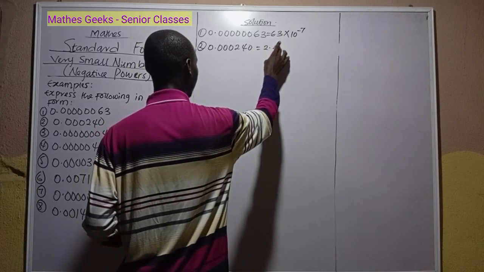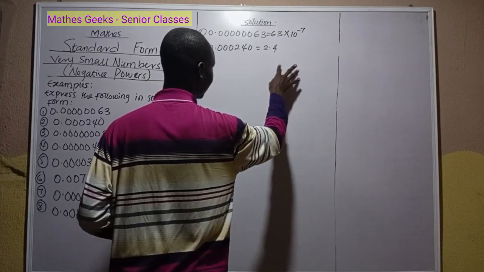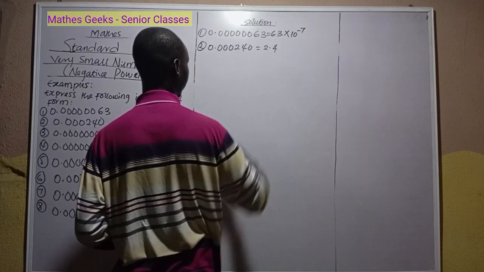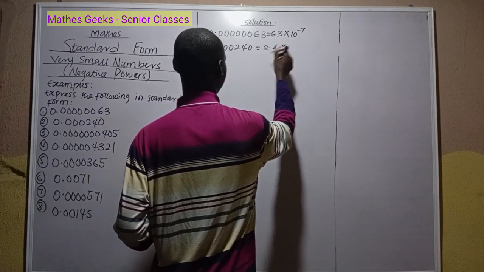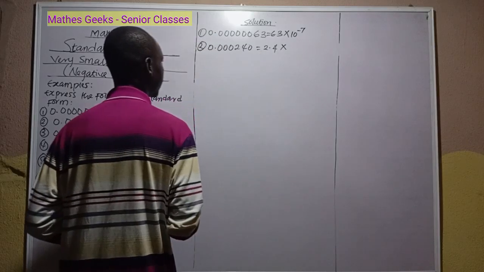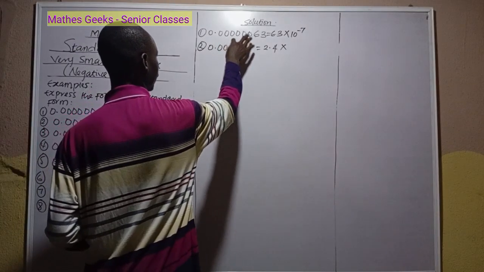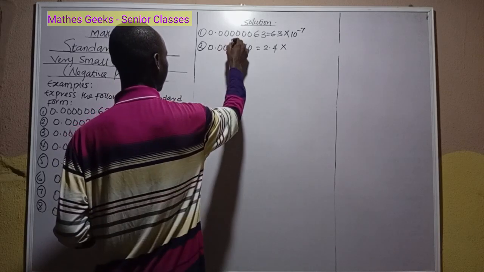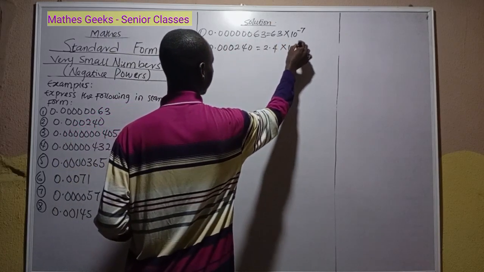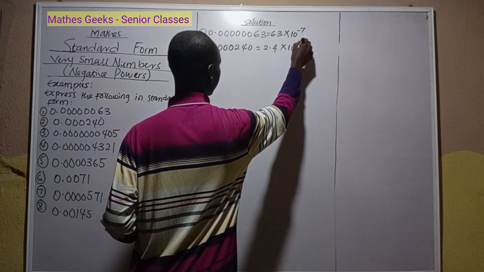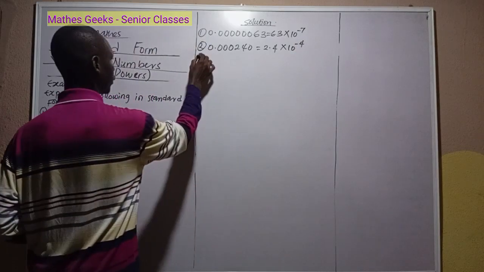You can leave it or ignore it, but it doesn't have any impact on the overall value here. 2.4 times, so let's find out how many times the forward movement was made. 1, 2, 3, 4. It was made 4 times. So 10 raised to minus 4.